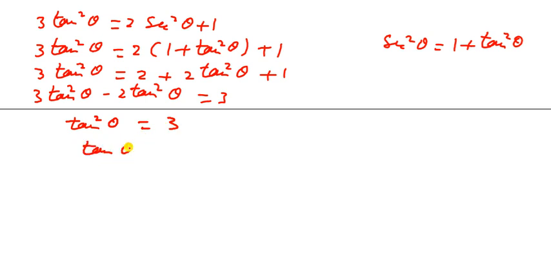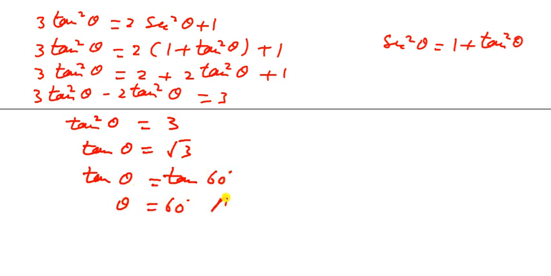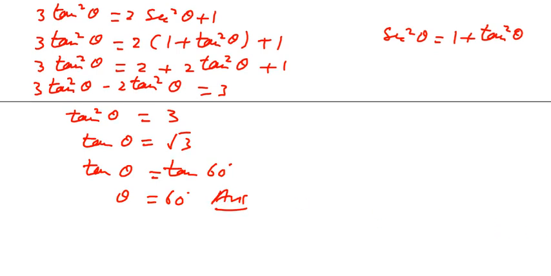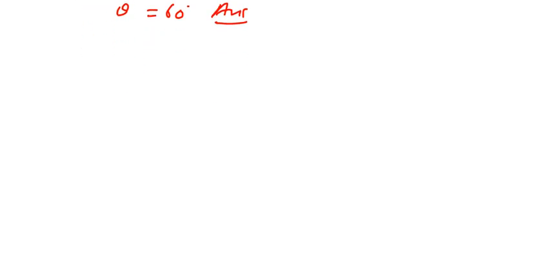Here 3 minus 2 is 1. So we can write tan square theta is equal to 3. So tan theta is equal to root 3. Do you know the value of tan theta? That is tan 60 degrees. So theta becomes 60 degrees. So that is your answer.